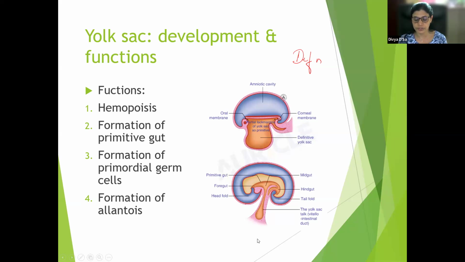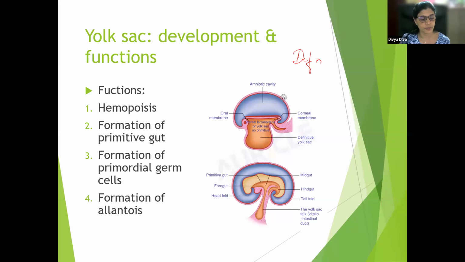They later migrate to where the gonads are developing in the coelom posteriorly, but the primordial germ cells are formed in the walls of the yolk sac. Then it also forms a diverticulum, which we call the allantois.